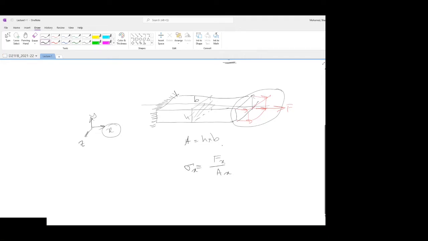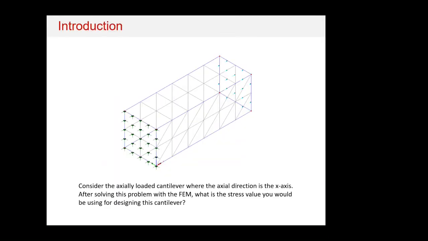Now, let us get into a slightly different version of this. Let us assume that the cantilever is actually standing up. So the axis of the cantilever is probably pointing in the x direction, or in the z direction, or the y direction. I've done that in LUSAS and tried to do the analysis.